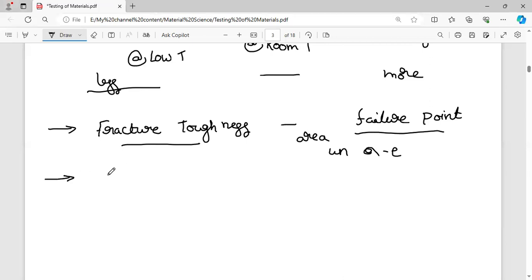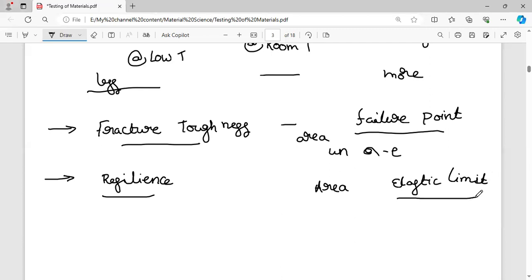Okay. Next, another one is the resilience measurement. Resilience measurement is also the same: area under the stress strain curve up to the elastic limit. Please remember these 2 points. Area under the stress strain curve up to the elastic limit is the resilience.